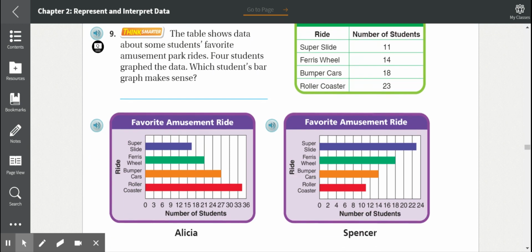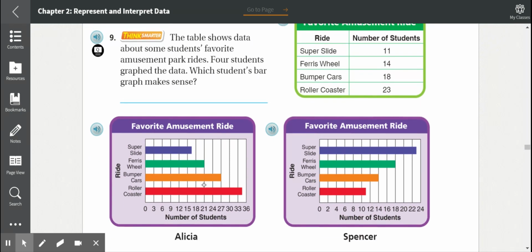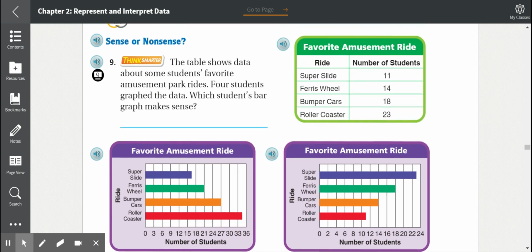So let's first look at Alicia. She has favorite amusement ride. So far, so good. That's the name of the title. And then she has the ride and then the number of students. So starting with super slide, only 11 students chose the super slide, and she has her super slide line going all the way up to 15. That doesn't make sense because only 11 chose it. Her Ferris wheel, only 14 students chose Ferris wheel, and her Ferris wheel line goes all the way to 21.